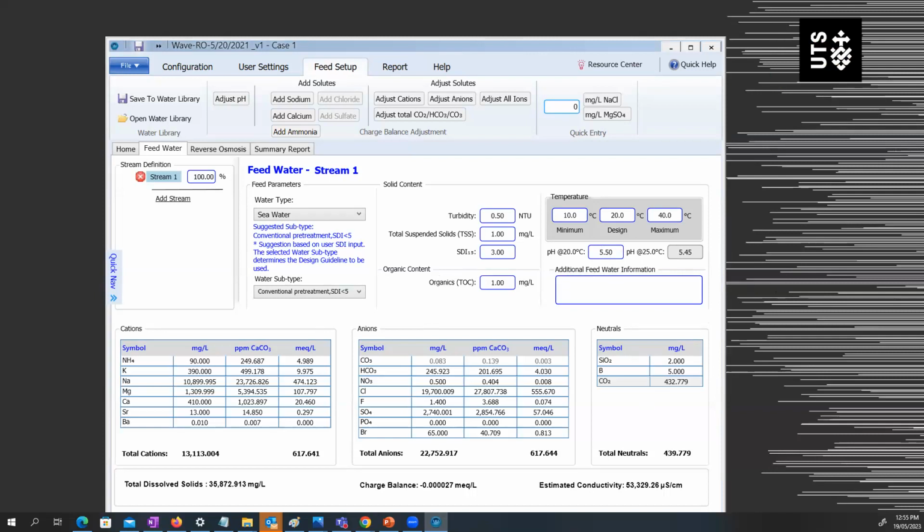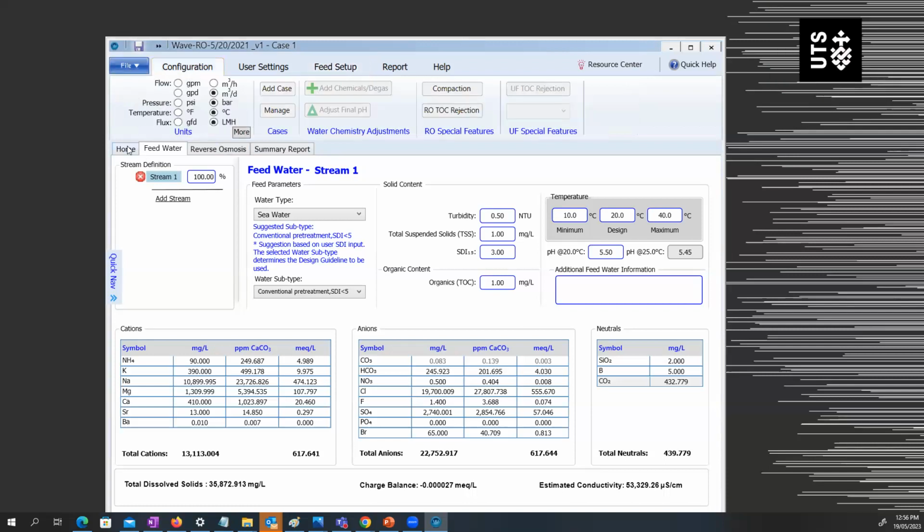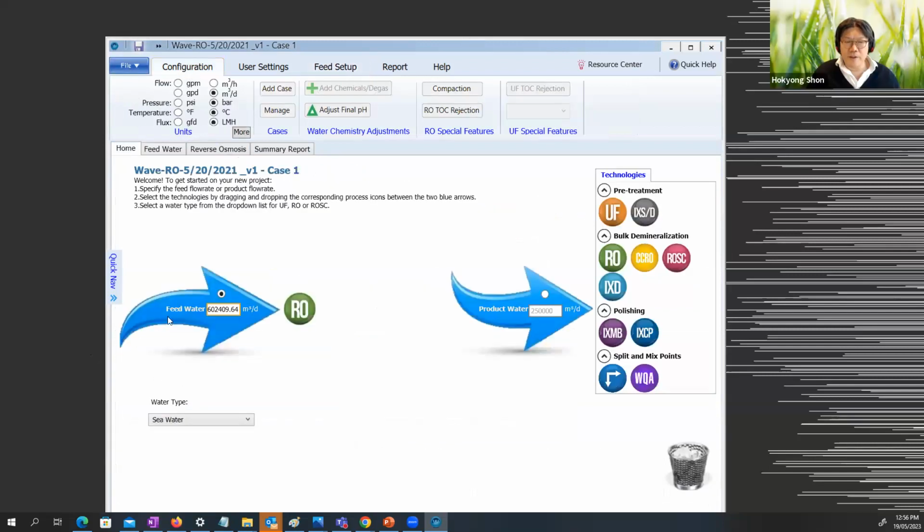Okay, let's say in your system, 8.1 is your feed water. Seawater pH is 8.1. Then your pretreatment will change the pH to 5 or 6, and then it goes to your reverse osmosis.